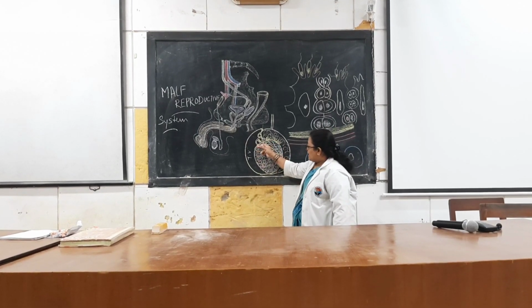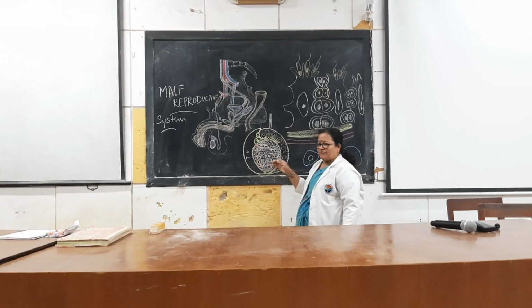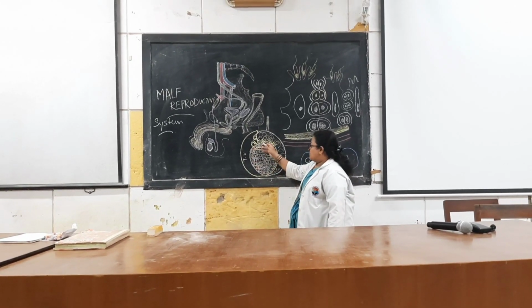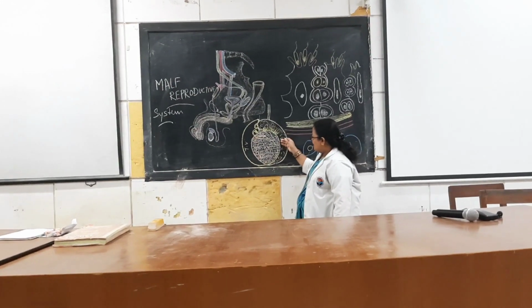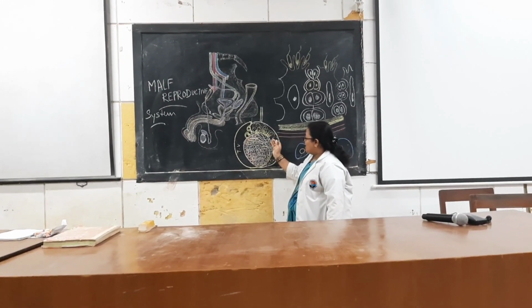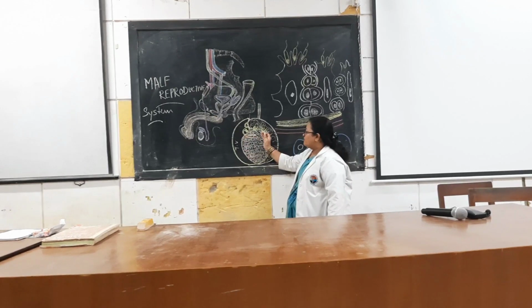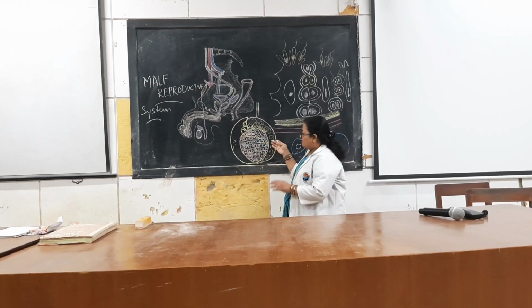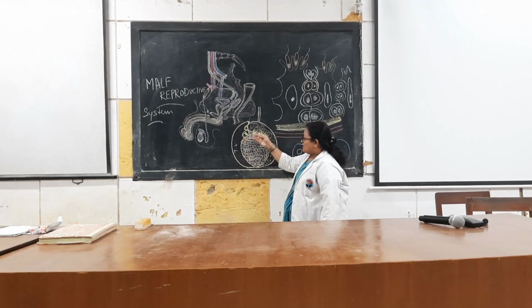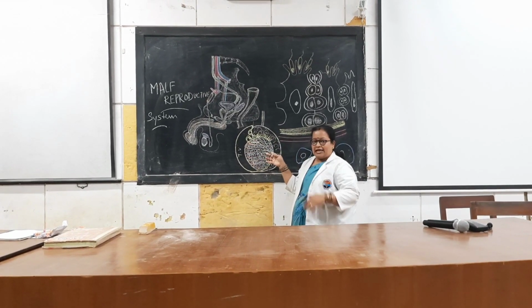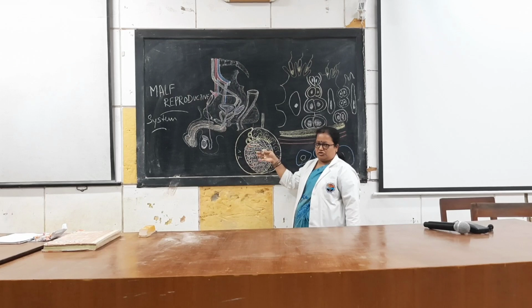The tunica albuginea is fibrous, and behind, it is thickened in the mediastinum of the testis, where it gives septa to divide the whole testis into lobes and lobules.